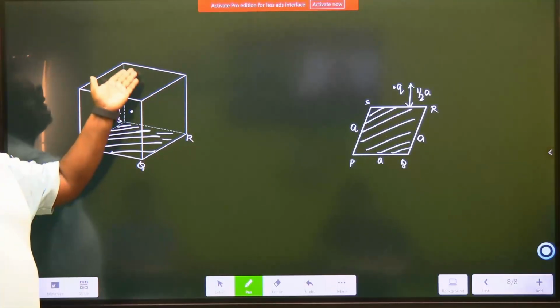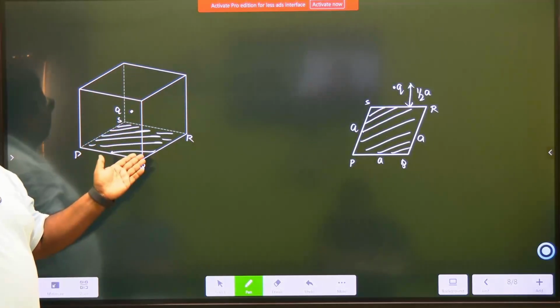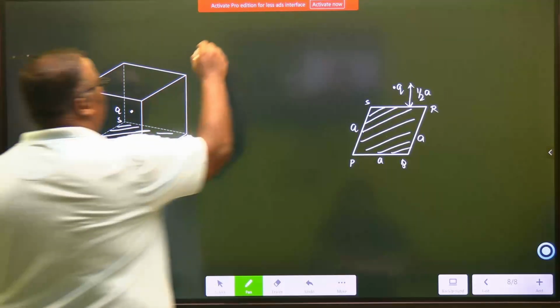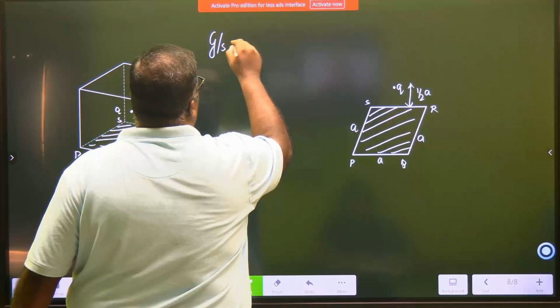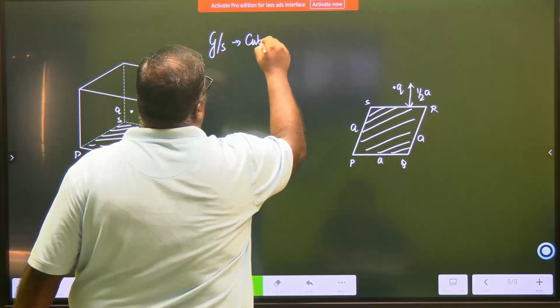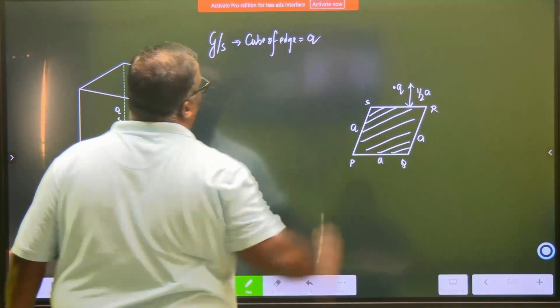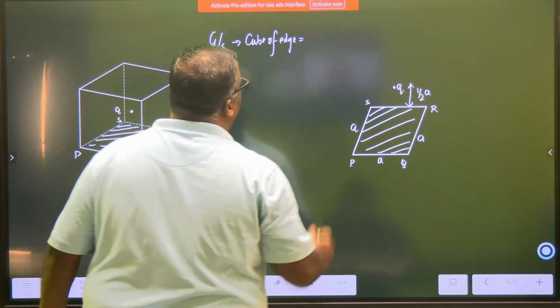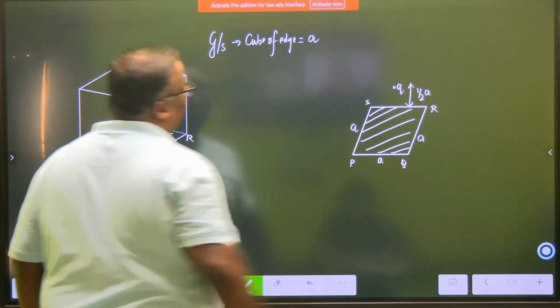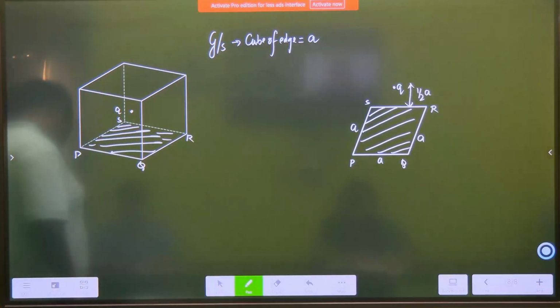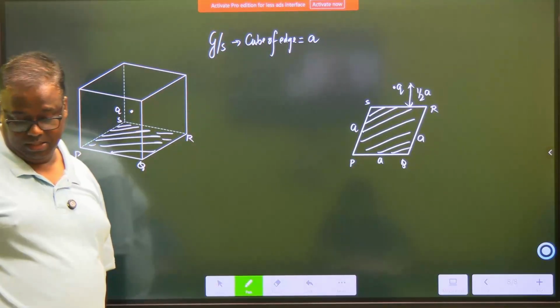And if you go this side, it is half. So A. Right. So my Gaussian surface for this problem is a cube of edge equal to A, and the charge is right at the center.